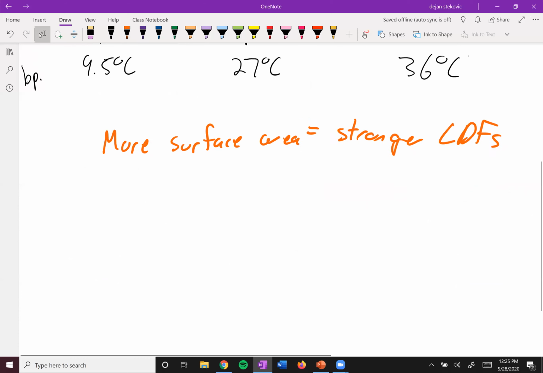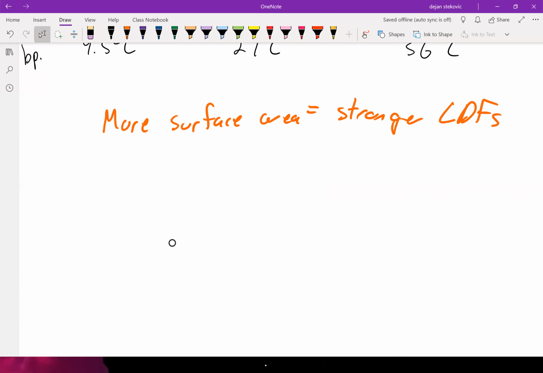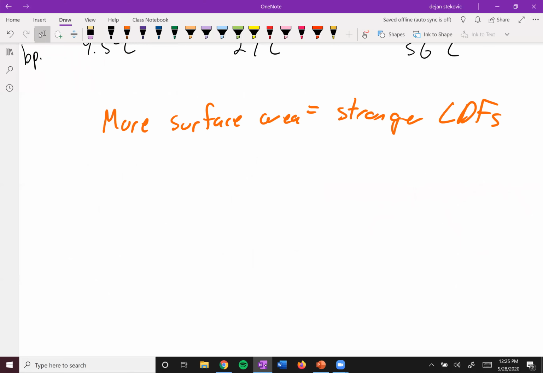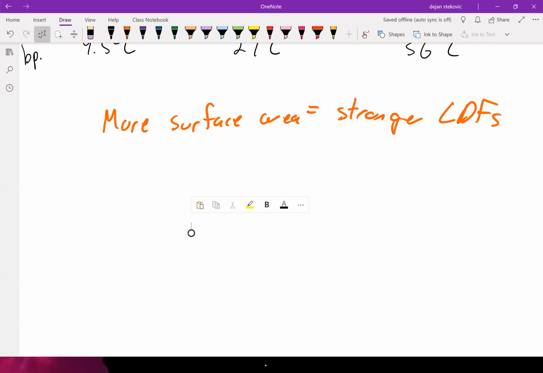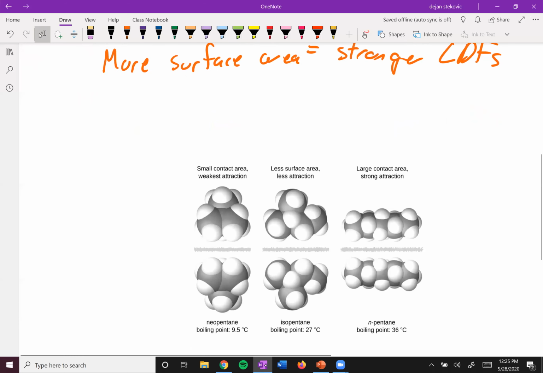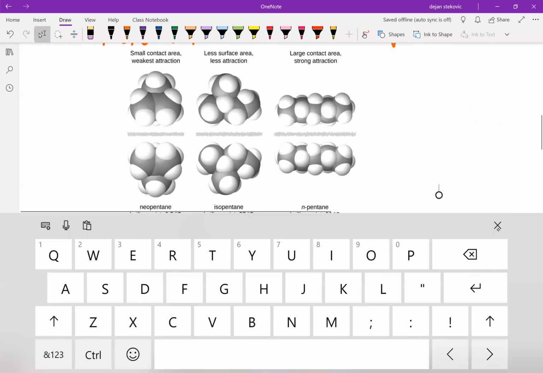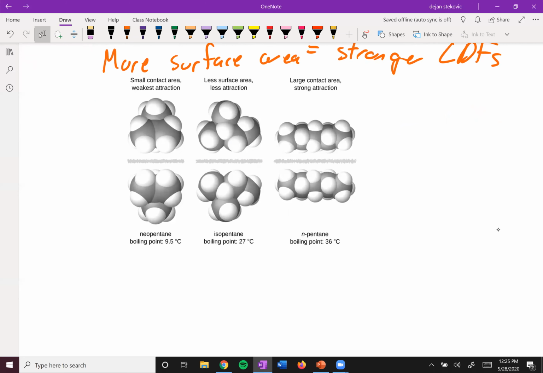And so same picture shown here. Same thing that I just drew. With more surface area, you get more contact area, and the more contact area, the more opportunities for London dispersion forces you have.